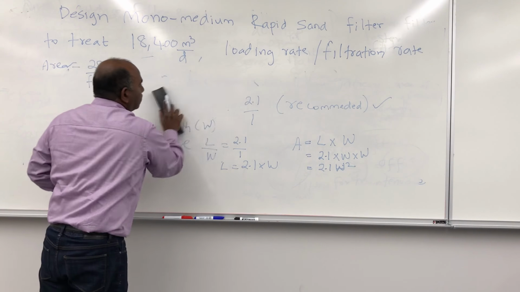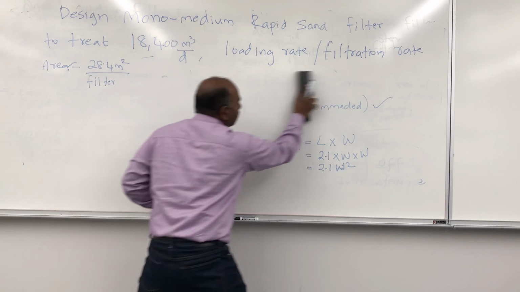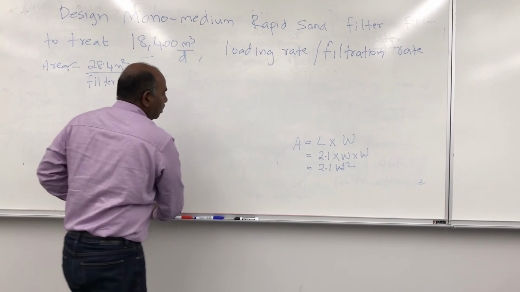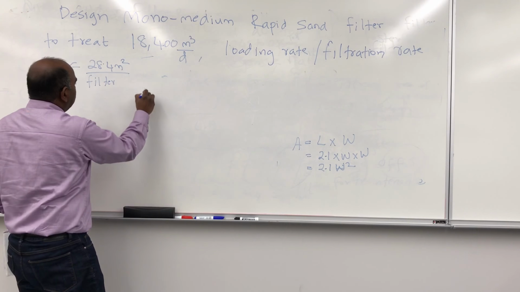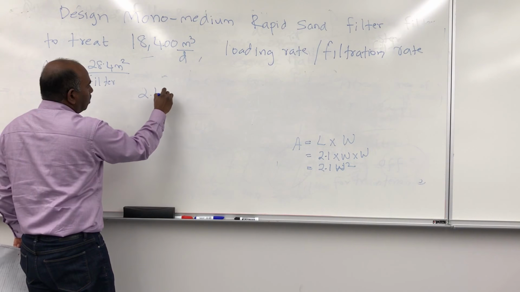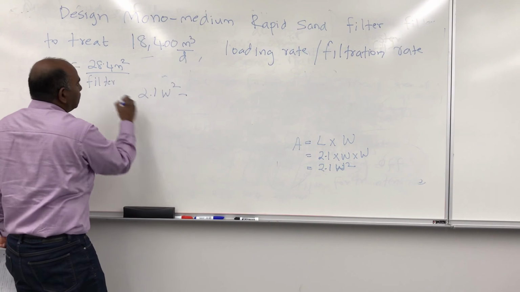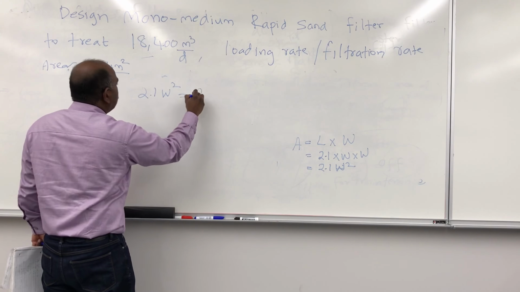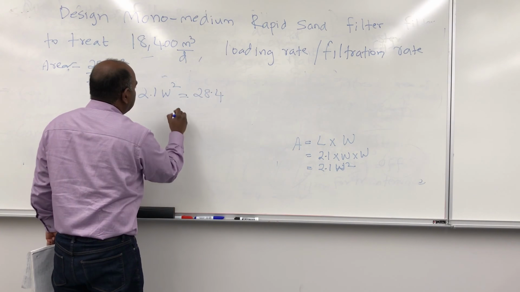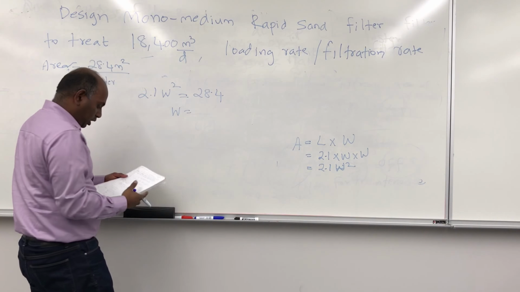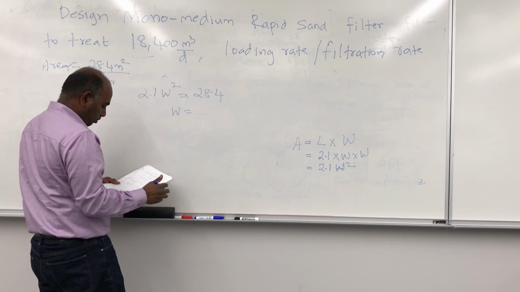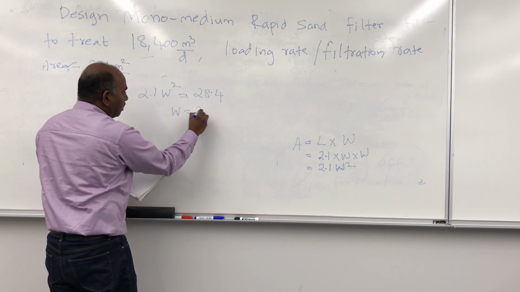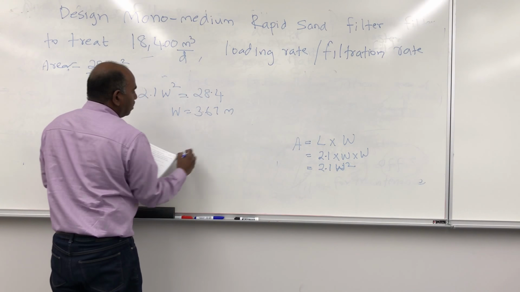Now 2.1 W square is equal to 28.4. So W will be equal to 3.67 meters.